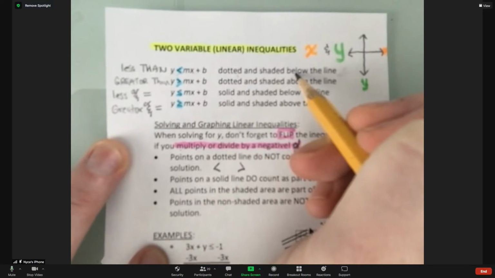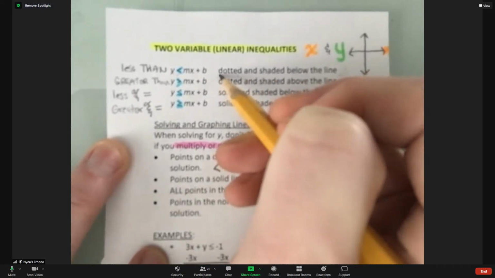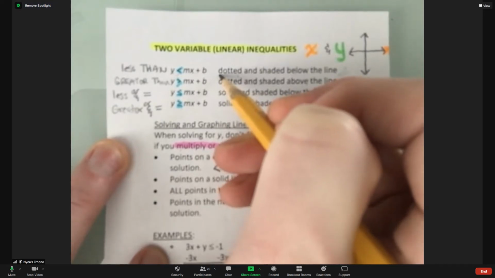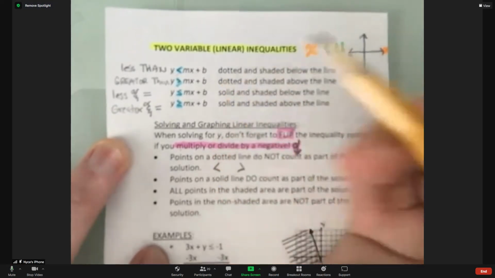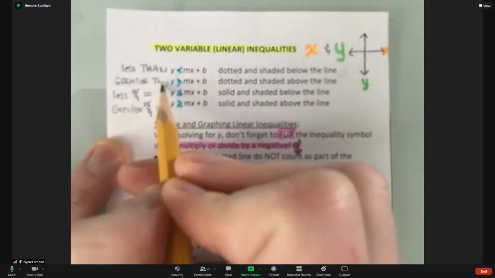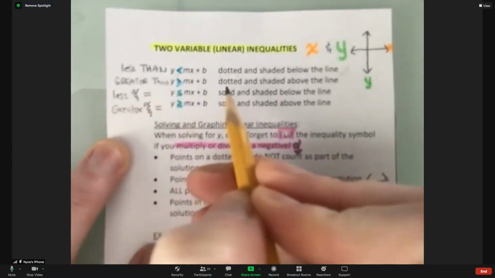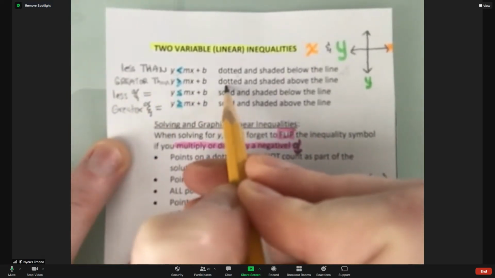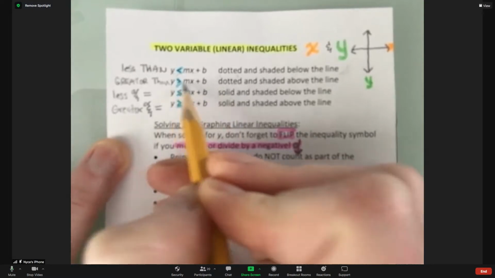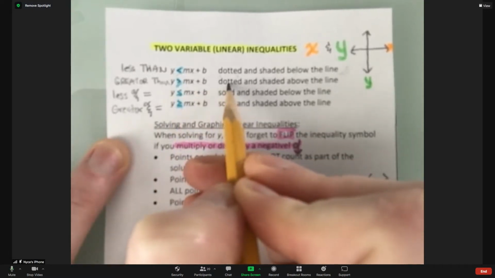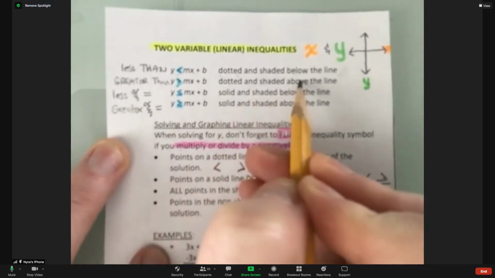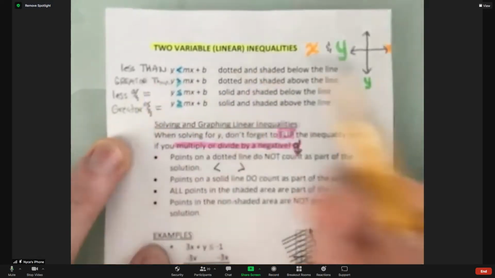This means that the points or ordered pairs that are actually on the graph line do not count as a solution. If it's greater than, then you're still doing a dotted or dashed line because it doesn't say equal to, which means the points on the line are not included. However, you shade above because it's greater than.